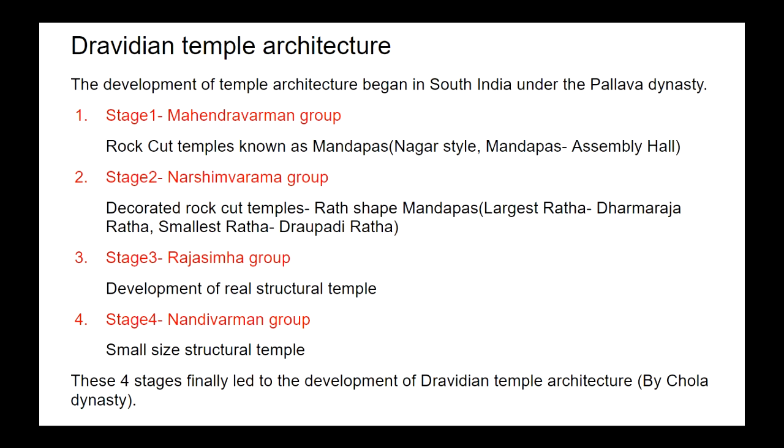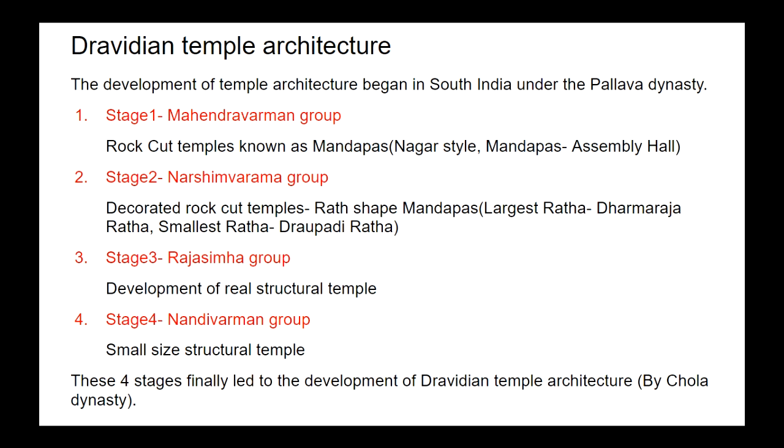So the evolution of Dravidian temple architecture happened in four phases during the Pallava dynasty. So stage one or Mahendravarman group. In this we define the evolution from rock cut cave temples.